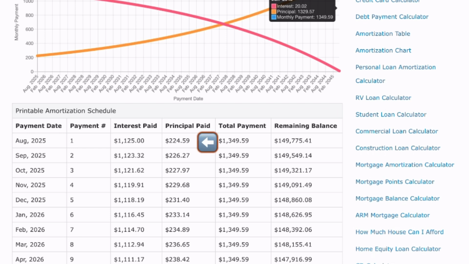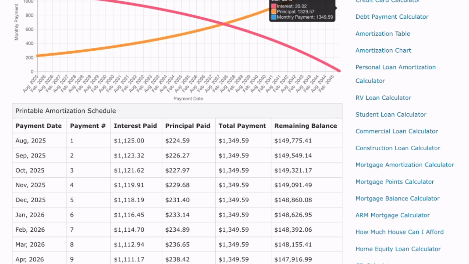So we come to the next month. How much outstanding balance in the loan do you still have? Well, your remaining balance is essentially $150,000 minus that $224.59, which is equal to $149,775.41.